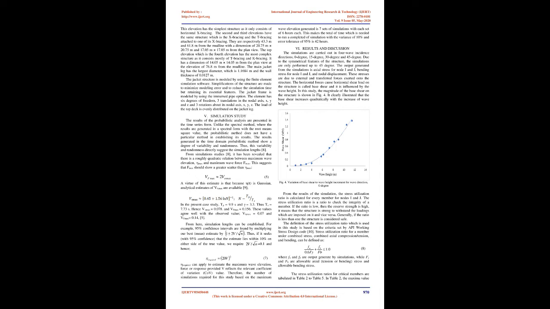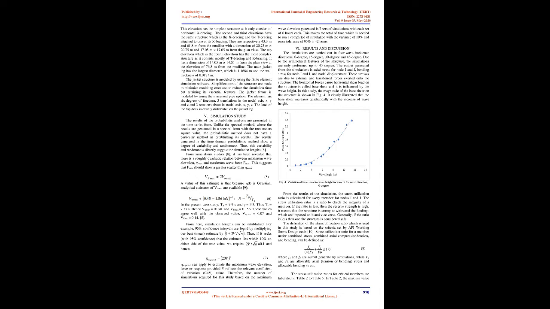The jacket has 4 elevations. The base, which is positioned on the seabed, has a dimension of 29.41 m times 29.41 m from the plan view. The first elevation is 21.8 m from the mudline. It has a dimension of 25.05 m times 25.05 m from the top view.